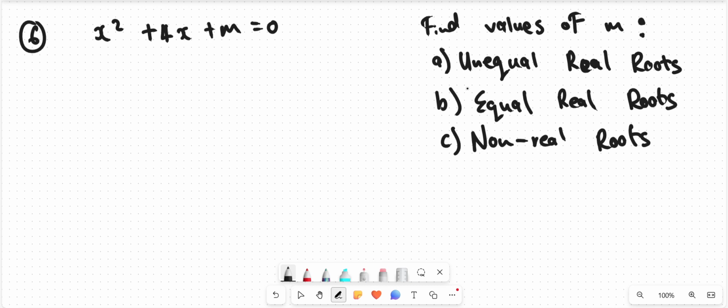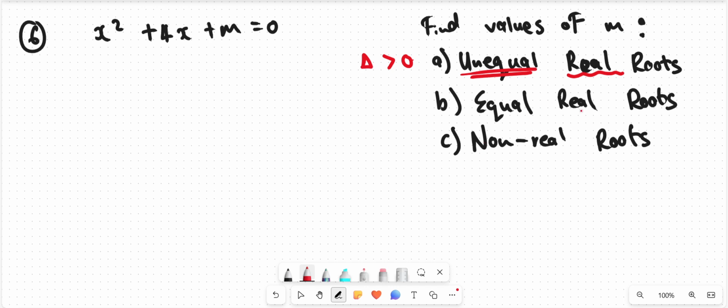So before we solve for those ones, we just need to remind ourselves, for something to be real, it needs to be greater than or equal to 0. But for it to be unequal, it needs to just be greater than 0. So here the discriminant should just be greater than 0.